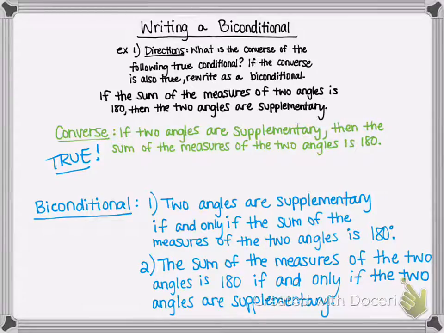As long as you have the main hypothesis and the main conclusion, you can put "they" or "them" instead of "the angles." That's fine, as long as you know what you're talking about and you've specified two angles in one of the statements, then I'm fine with what you write.